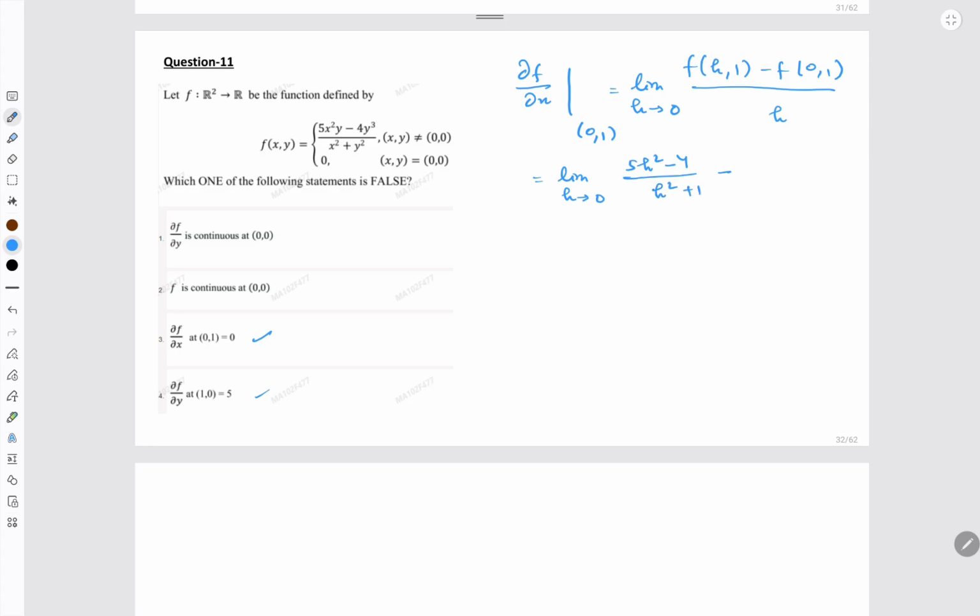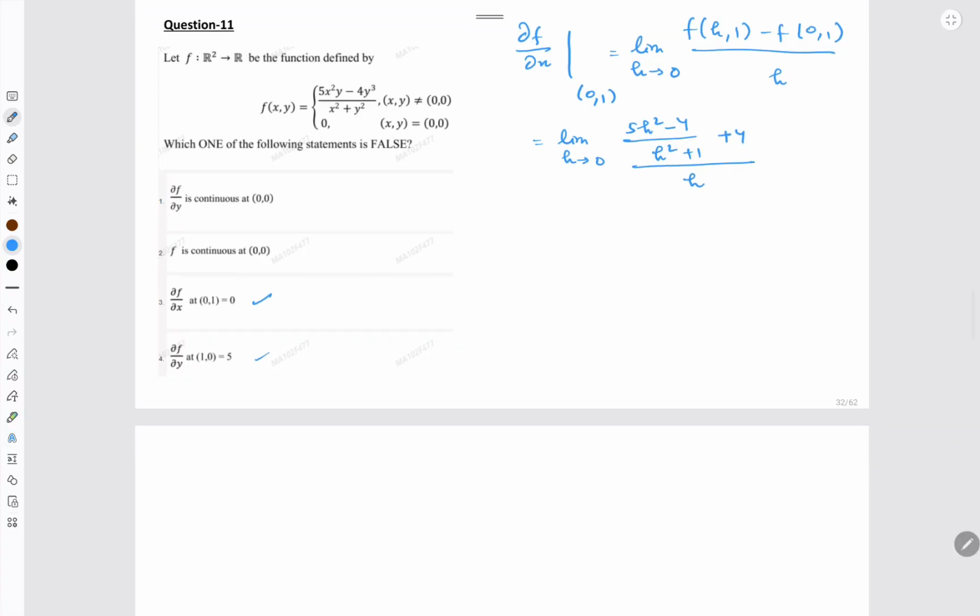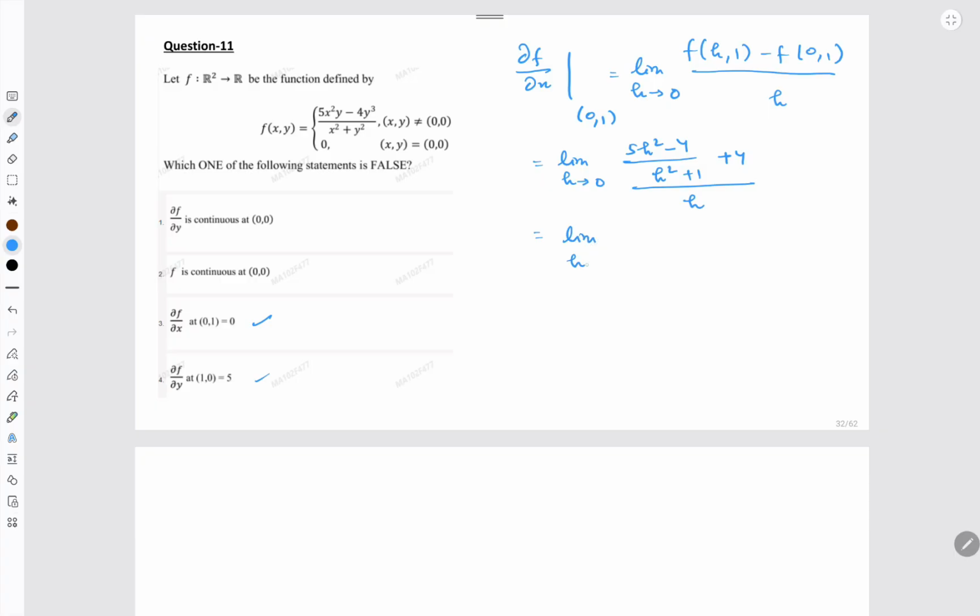If I put 0 in place of x and 1 in place of y, it will be minus 4 only, so it is plus 4 by h. So it is limit h tends to 0, 5h square plus 4h square is 9h square, minus 4 plus 4 is 0, by h cube plus h.